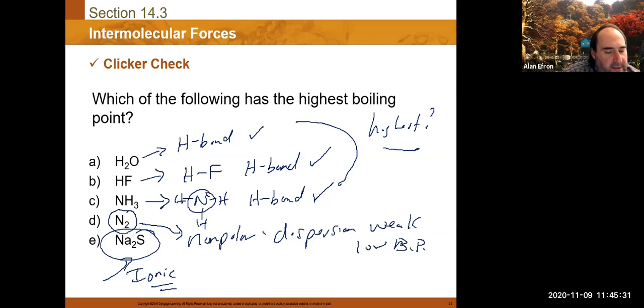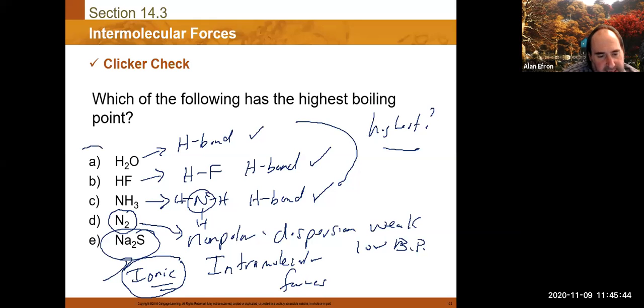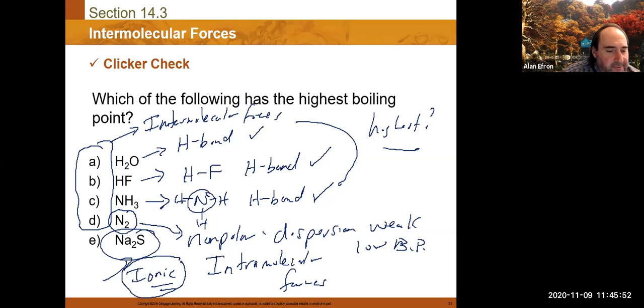And it would be true, except that we do have an ionic bond here. And an ionic bond is an intramolecular force, right? And all of these other ones, A through D, these are all intermolecular forces. So E is actually the right answer here.